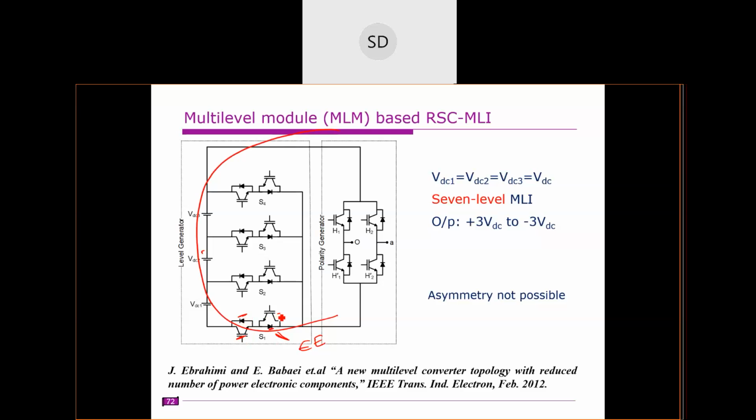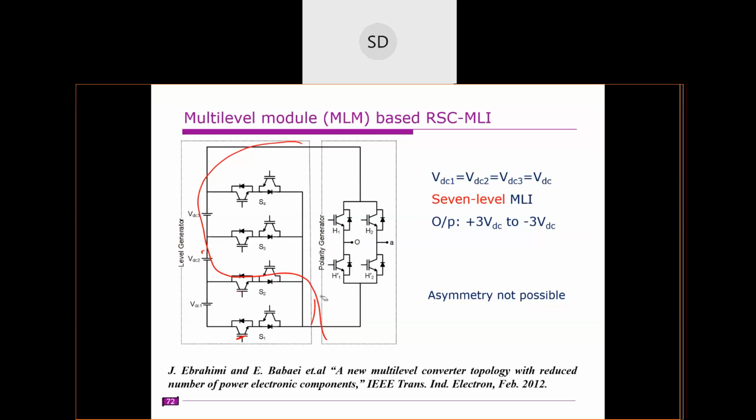So only one switch is conducting to obtain any voltage level. That is the advantage with this.